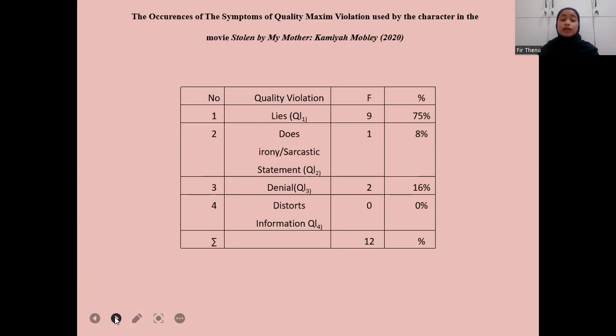And in Kairunisa 2020, the researcher found that the manner maxim was the most violated maxim in the movie Coco.